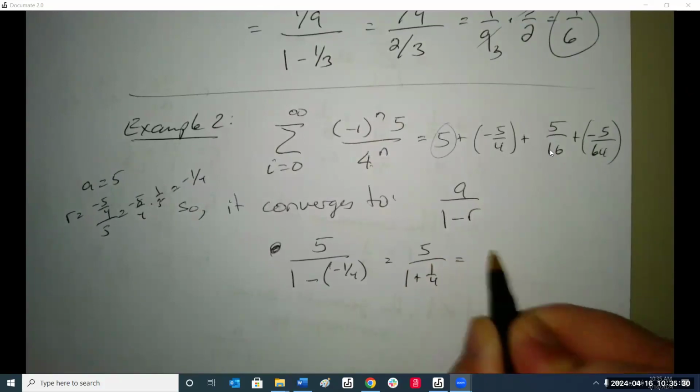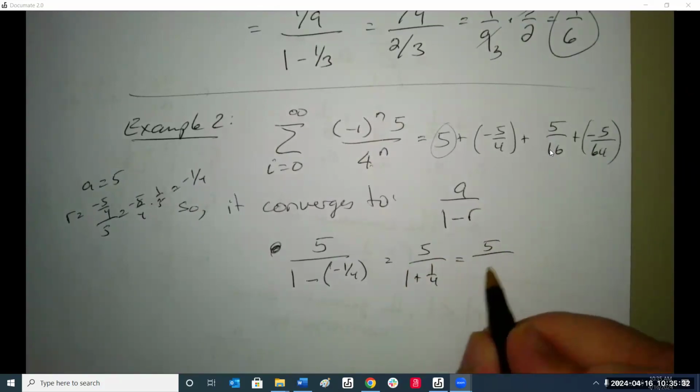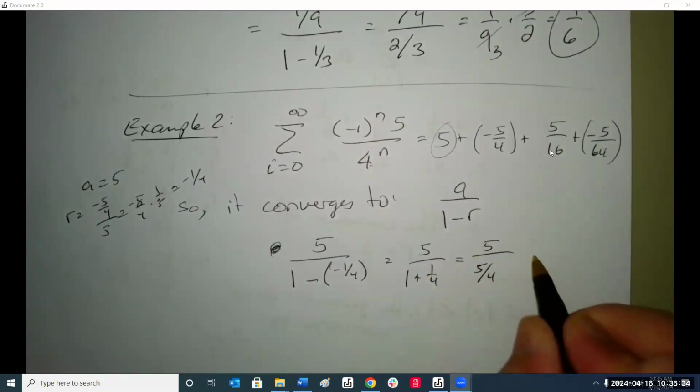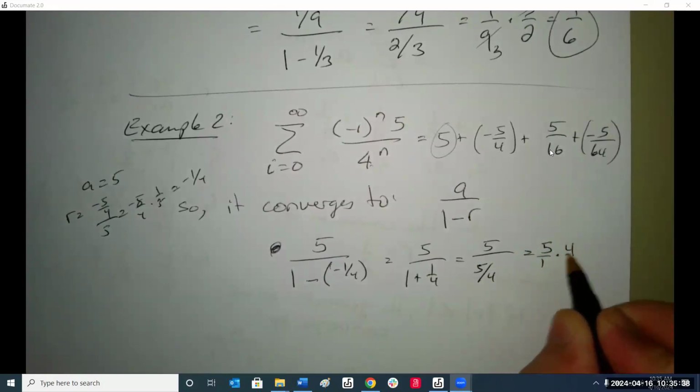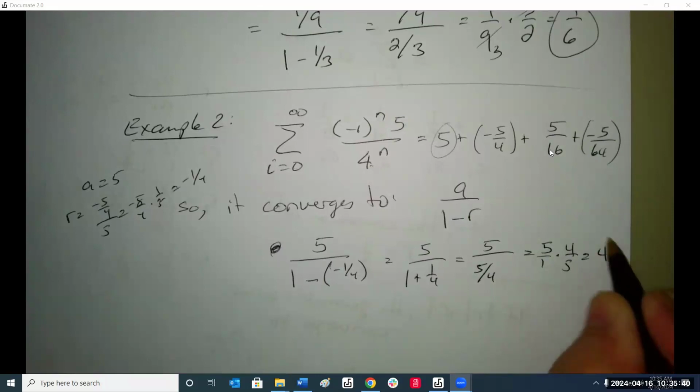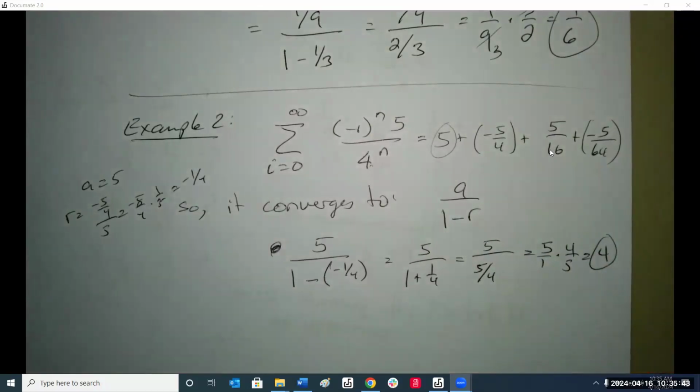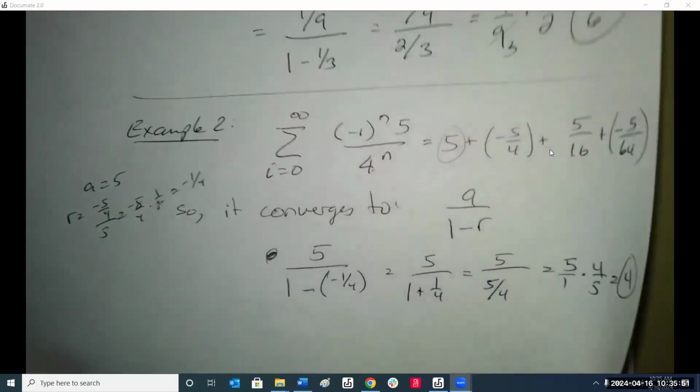So we get 5 over 1 plus 1/4, which is 5 over 5/4. So it converges to 4. All right, so once we have the sequence, we just find the common ratio and go from there. Example 3.